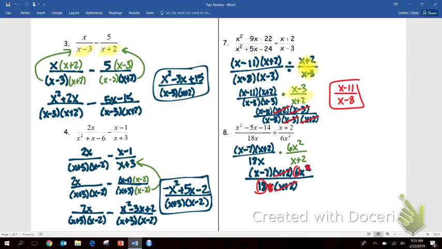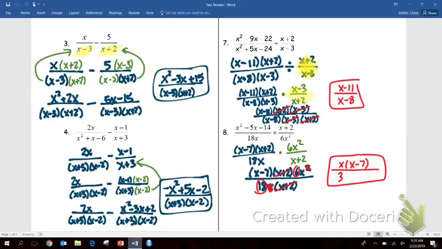So I'm left with x minus 7 in the numerator. 6 divided by 18 is 1 over 3, so the 3 is going to be in the denominator, and everything else in the denominator went away.